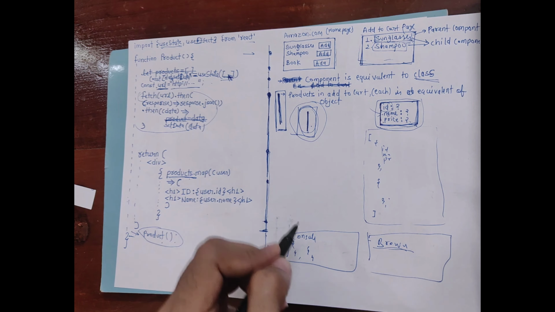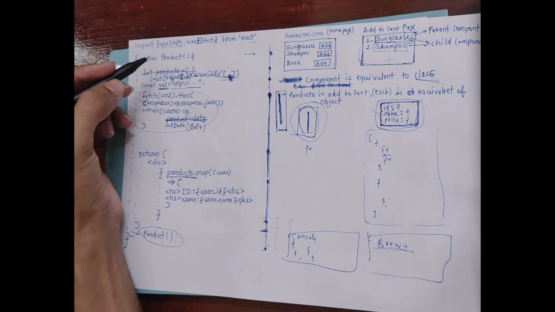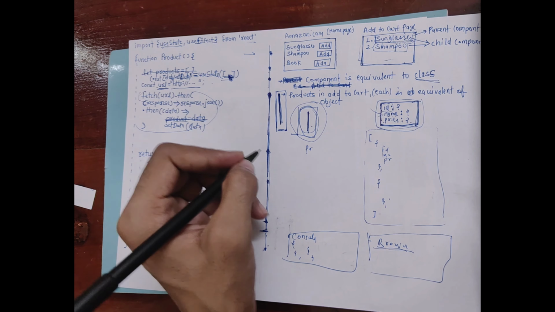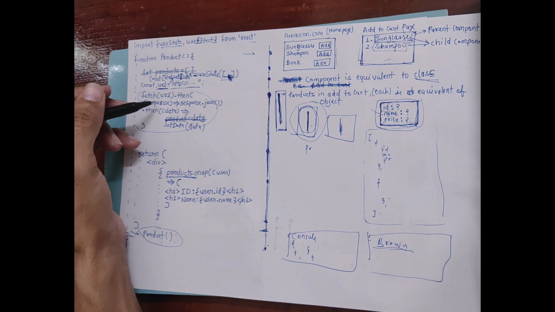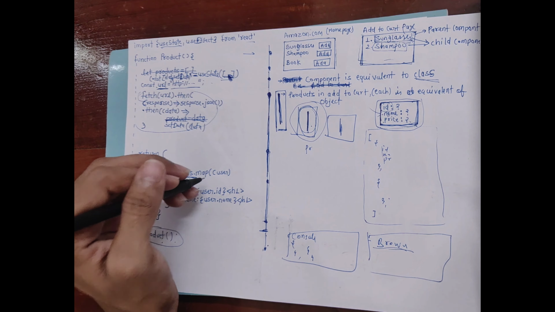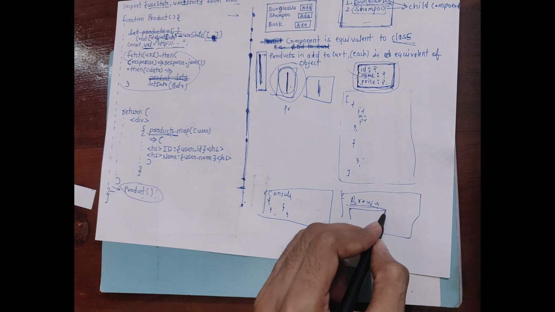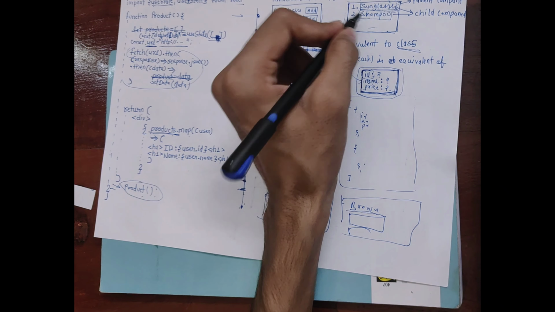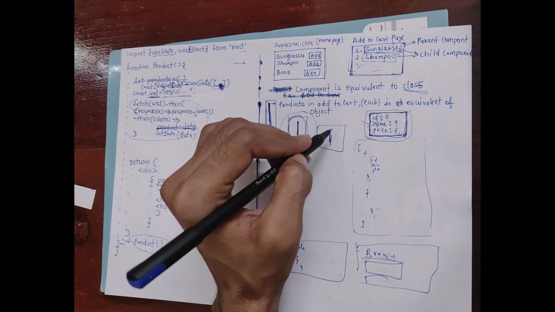So now you have the data in your product array. When you come for the second time, you again make a fetch API call. This time you have the data, so you are able to see the products. But again when you reach the end, this will end up.